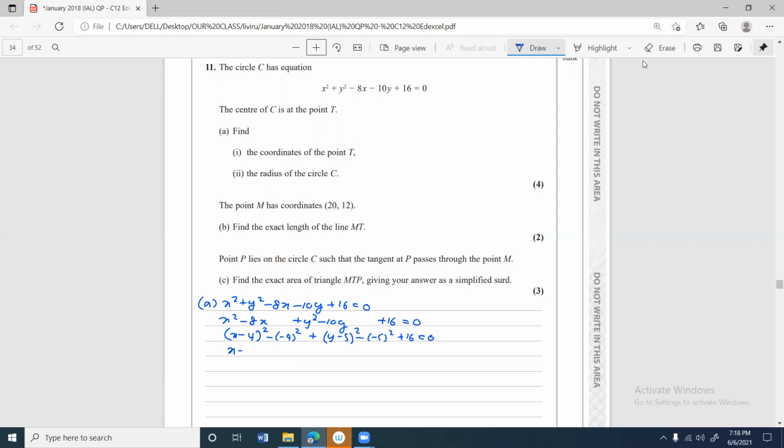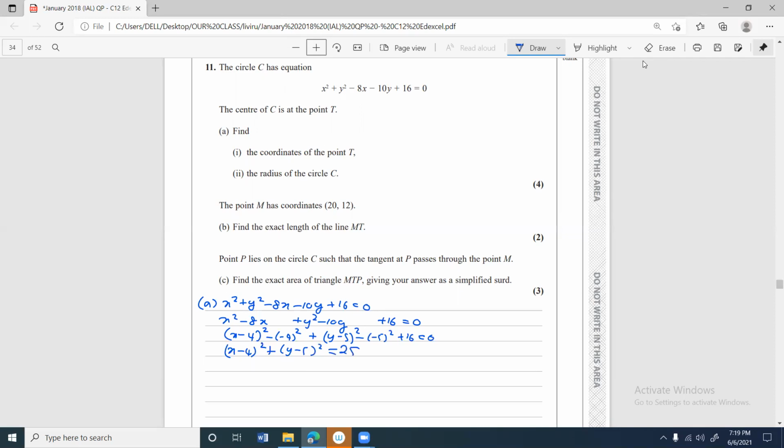So it turns up to x minus 4 squared plus y minus 5 squared equals, taking the simplifications over here, 16 plus 25, which turns up to 41. So if you take the constant terms to the other side it is 41.